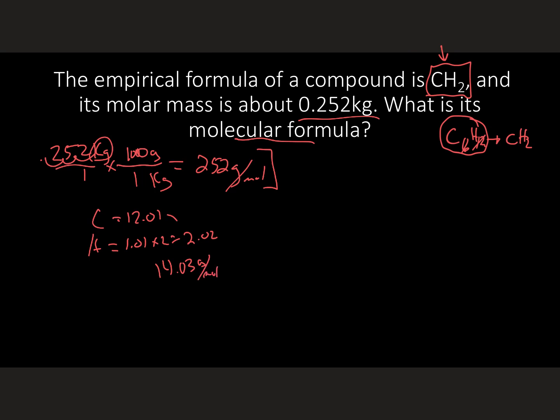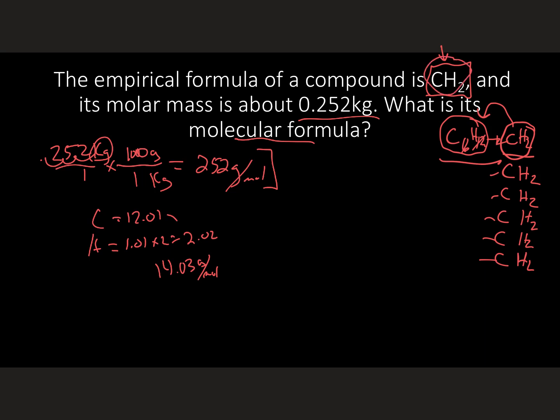So think of it this way. CH2 and C6H12. How many CH2s go into that? CH2, CH2, CH2, right? So we need 6 of these. 1, 2, 3, 4, 5, 6. Okay, so what we've done here is we've actually figured out the mass of one of those parts.